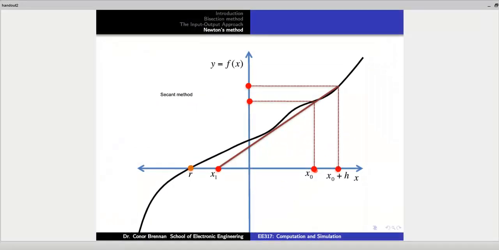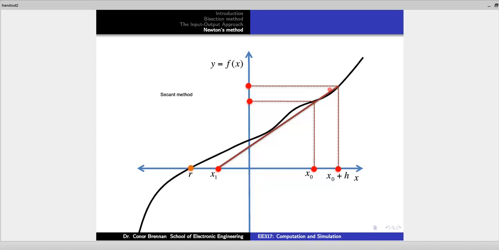Geometrically, it's very similar. In the Newton-Raphson method, at x0, we work out the actual tangent to the curve at x0, and we follow that tangent down. Using the secant method, we approximate the tangent. We look at x0 plus h, where h should be a very small amount. I've made it relatively big here so you can see it on the screen, but in practice it should be very small.